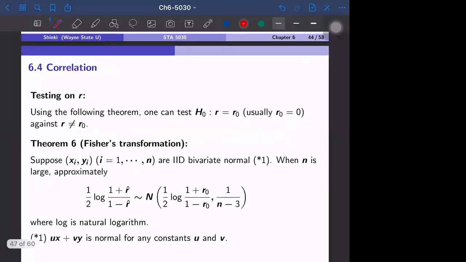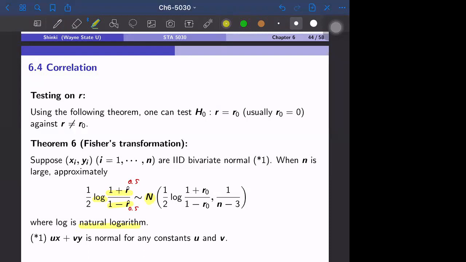So we want to do a test, and often Fisher's transformation is used for the test. This is anyway an approximation, so we don't have very rigorous theory behind it, but by some approximation, 1/2 times the log of (1 plus r hat) over (1 minus r hat) follows a normal distribution. If the correlation coefficient is 0.5, that means the log of 3, so 1/2 times log of 3, where this is the natural logarithm.